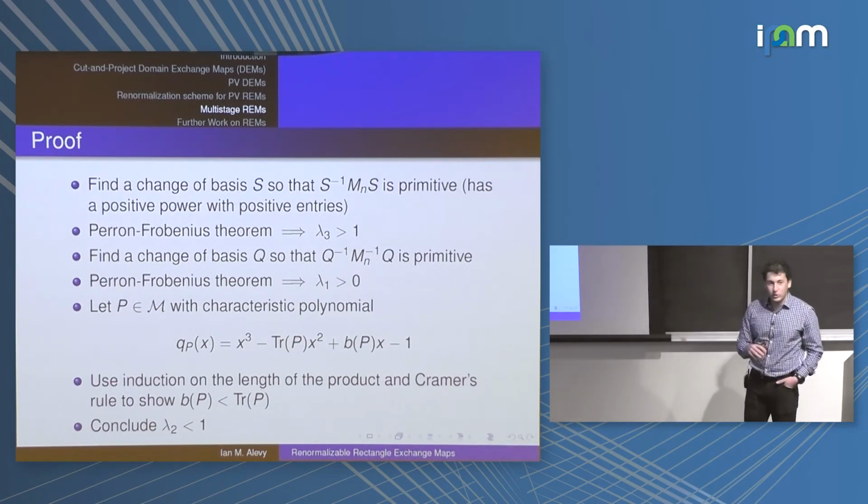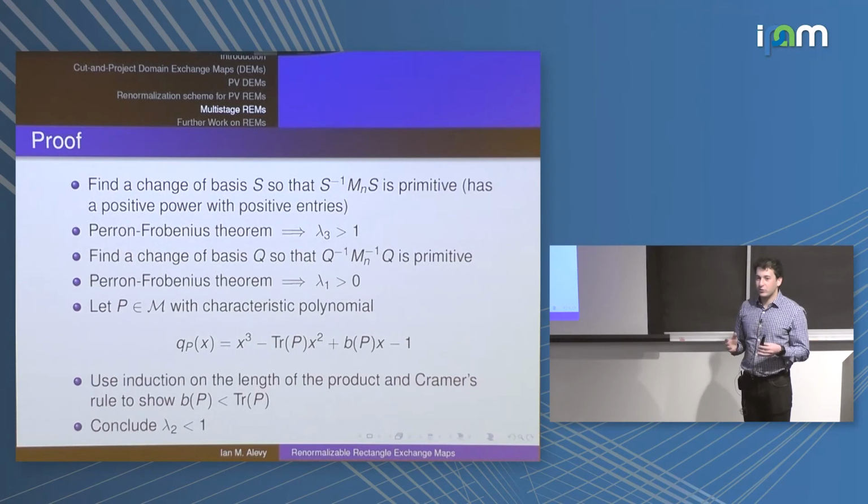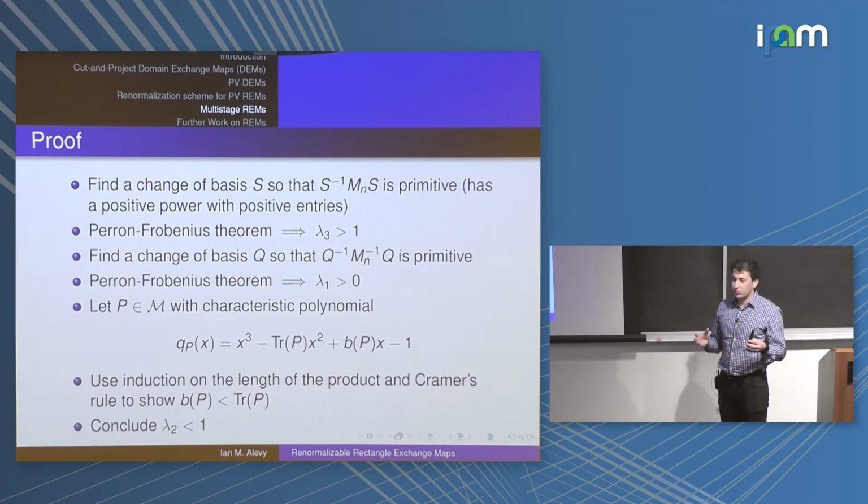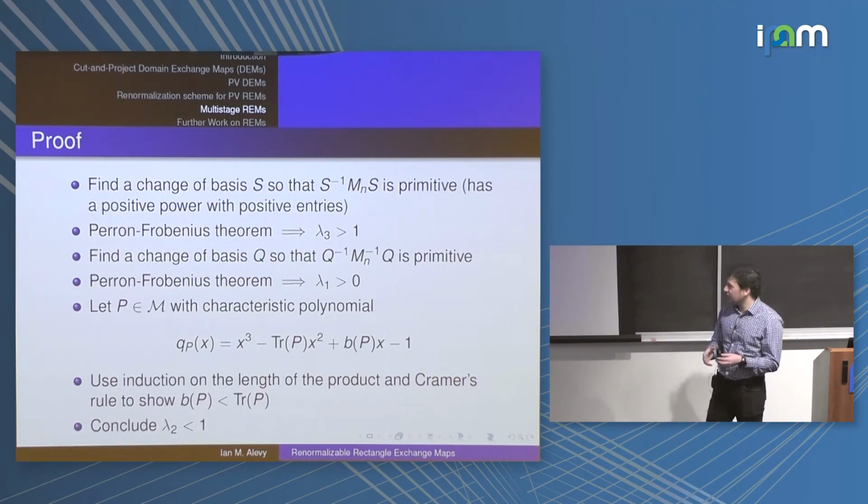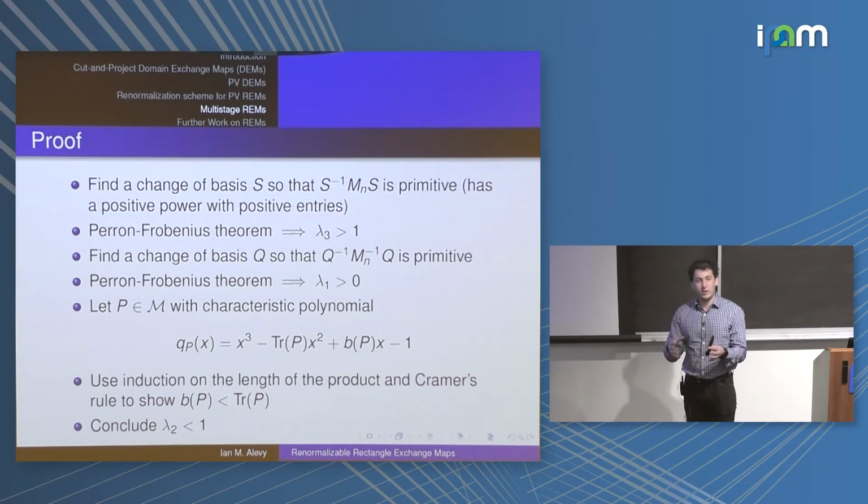And just to remind you, we need this so that the dynamical system will have the right expansion properties, so that when we compute the renormalization and apply this matrix Mn, it shrinks along the x and y directions and expands along the z direction.